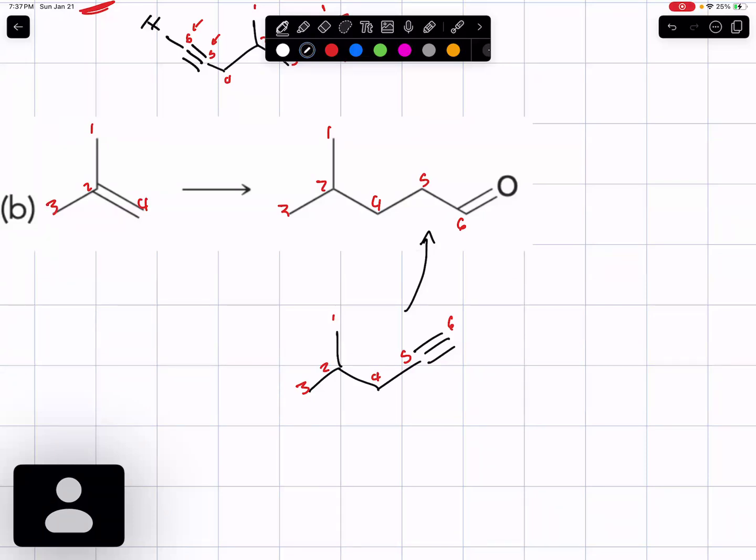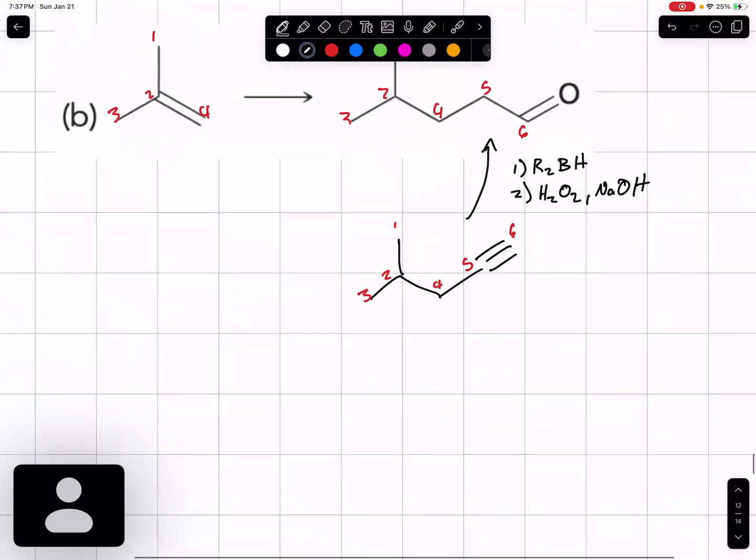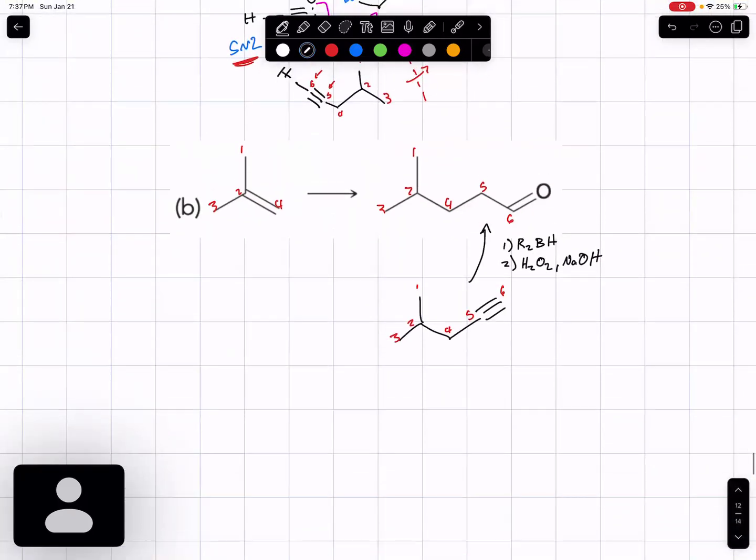R2BH. Keep going. I don't know. Okay, it's fine. You're going to have a reagent sheet, so just look at the reagent sheet and identify what reagents you're using. But this is the same thing as hydroboration. From here, because this is at carbon number 6, this is an aldehyde, right?